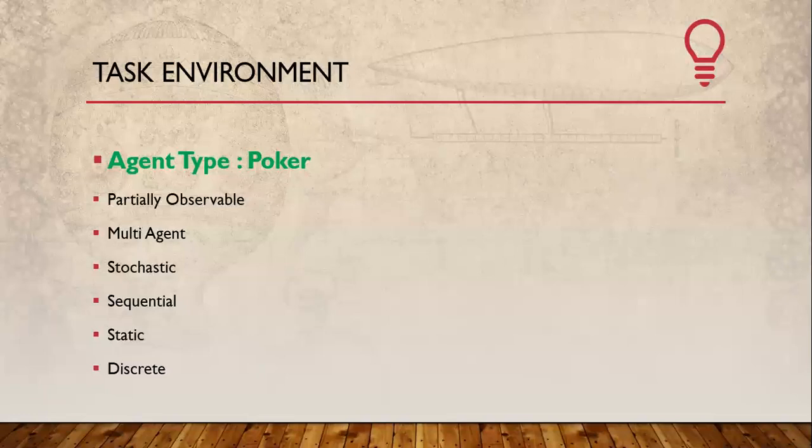Stochastic, which means randomness from the environment can be there. Sequential, previous percepts are going to play importance. Static and discrete, which means the states, percepts and actions will be fixed. They will not go into infinite mode.